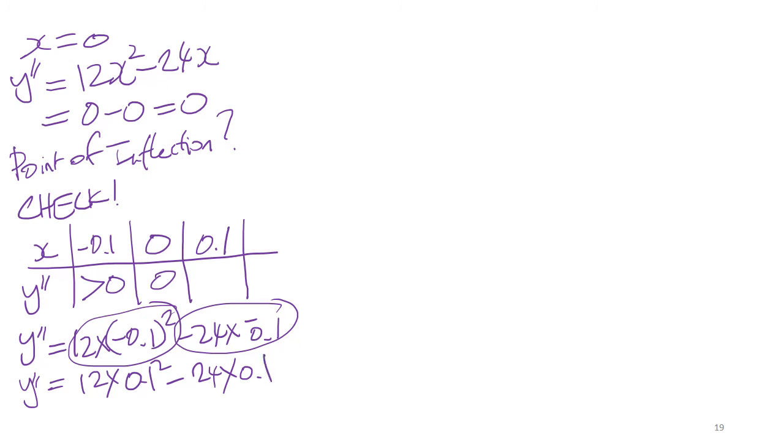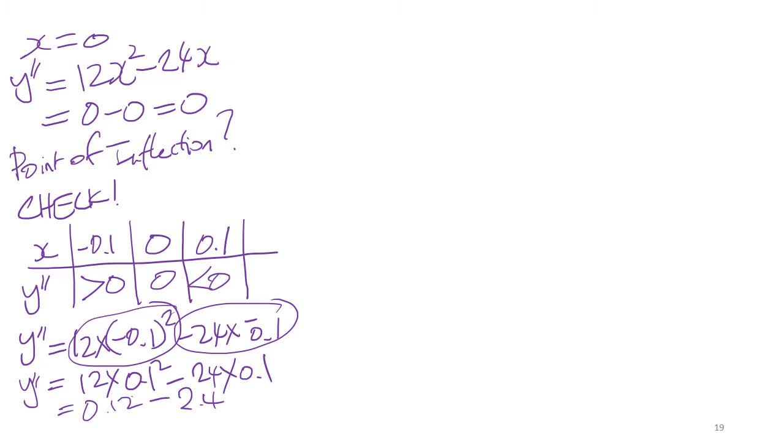Have a little think about whether the answer is going to be positive or negative. 0.1 squared is 0.01, times 12 gives 0.12, and then you take away 24 times 0.1, which is 2.4. You've got a smaller number taking away a bigger number, so the answer is going to be negative.